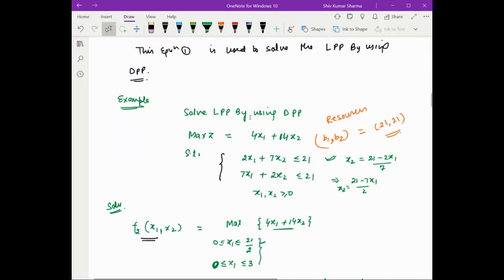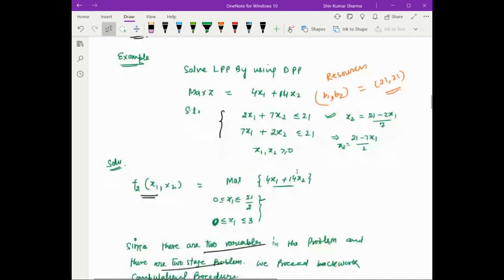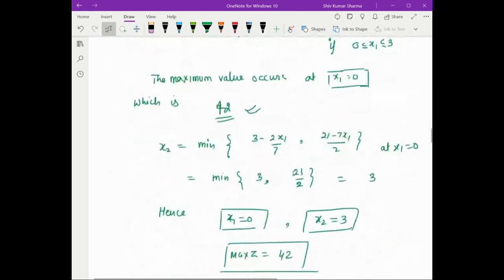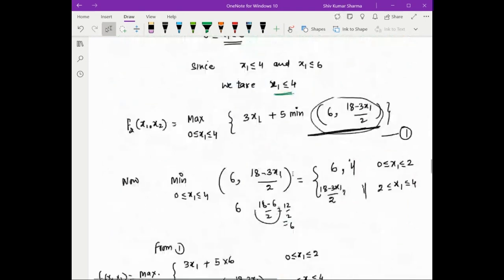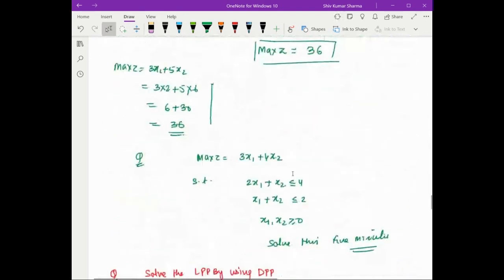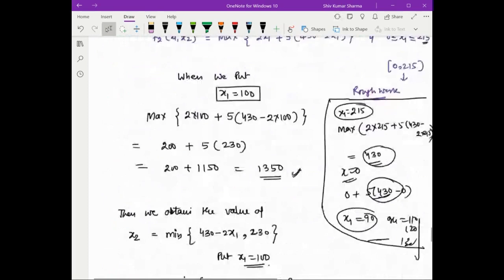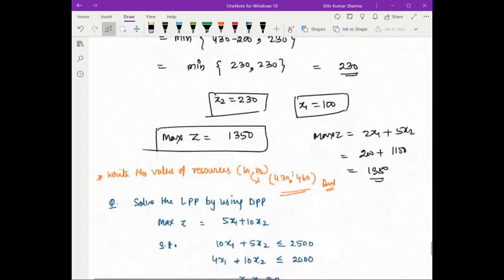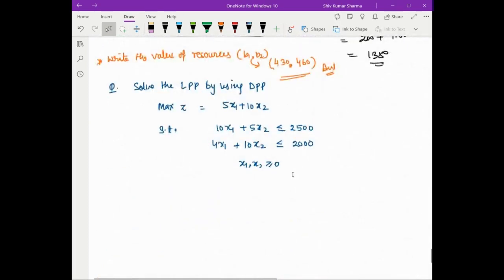So remember this, resources. Now try to solve this problem and tell me about the values of x1 and the maximum z.